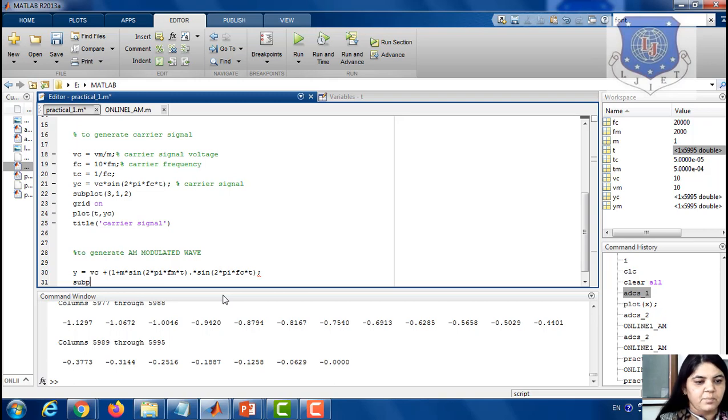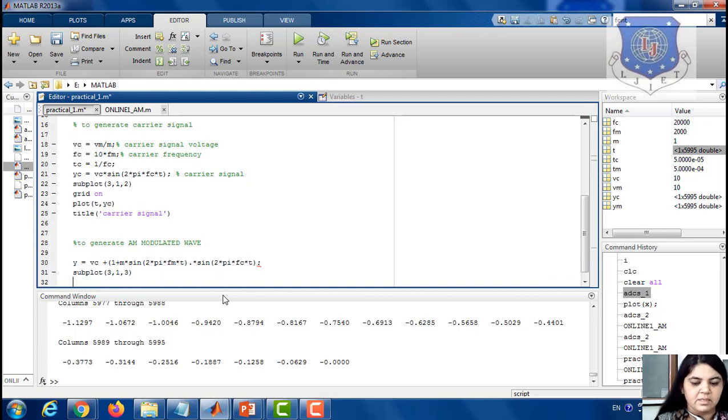So now we are plotting them 3, 1, 3. So this is the subplot. Now we want to plot it. So where do we plot? T, Y that I want to plot.